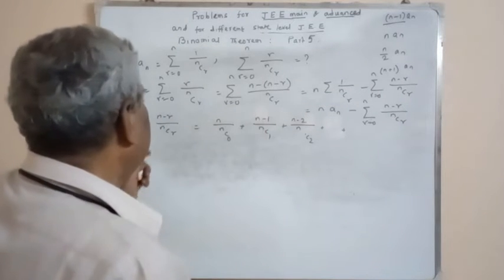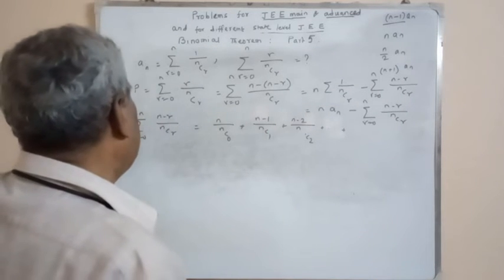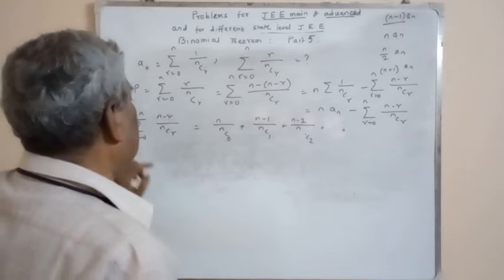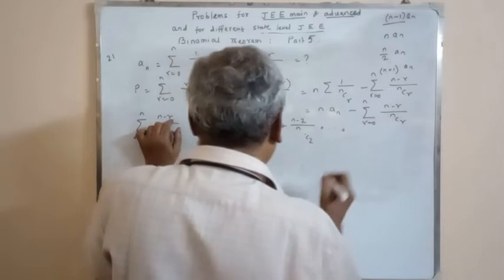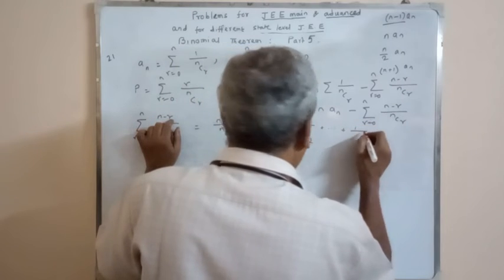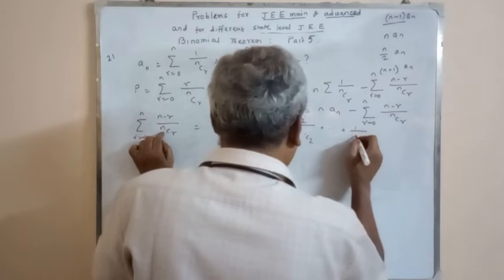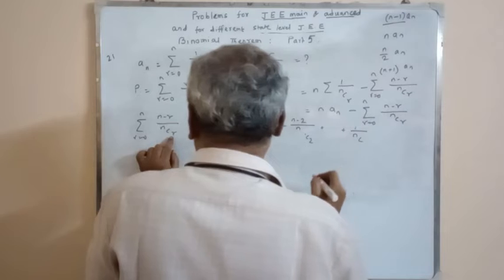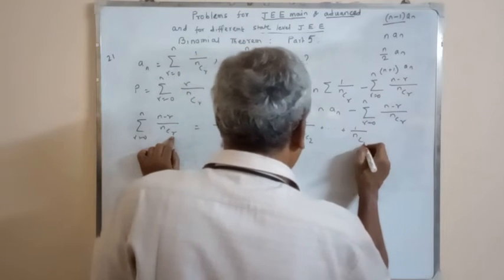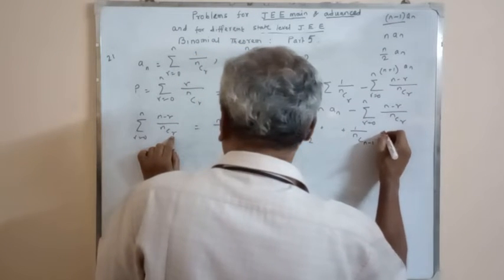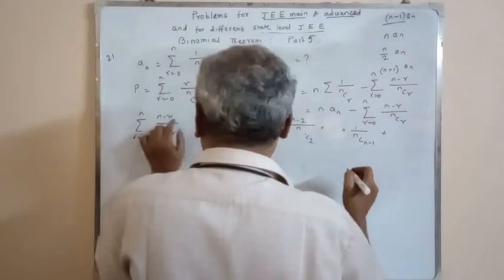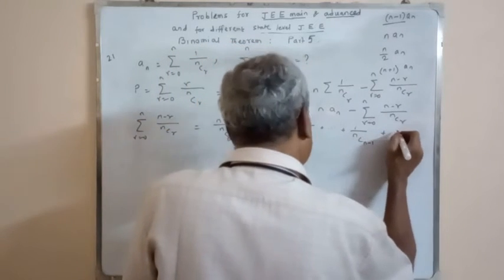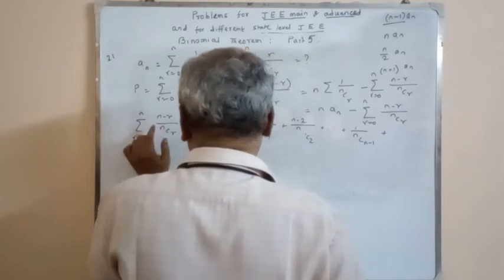For the last but one term, we put r is equal to n minus 1, so this is n minus n minus 1, so this is 1 upon nC n minus 1, plus, when I put n, n minus n is 0 by that.